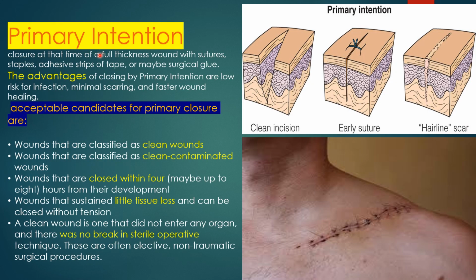See what is meant by primary intention: the closure of the wound at the time, of a full thickness wound, with sutures, staples, adhesive strips and surgical glue. So here the clean wound without any contamination, with the edges close to each other, we can close with primary suturing.